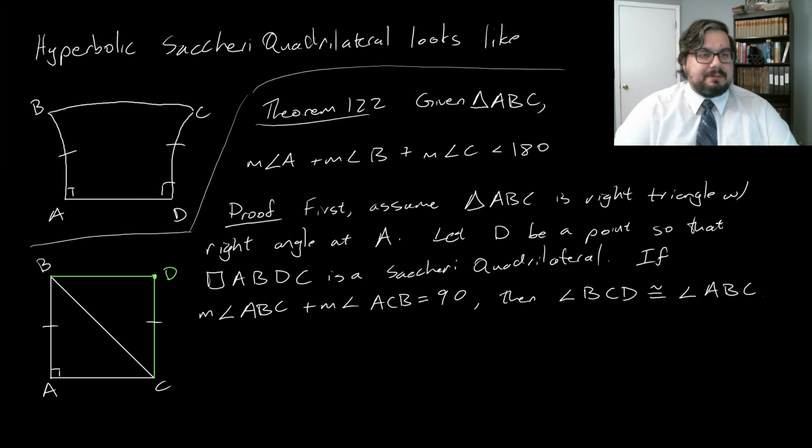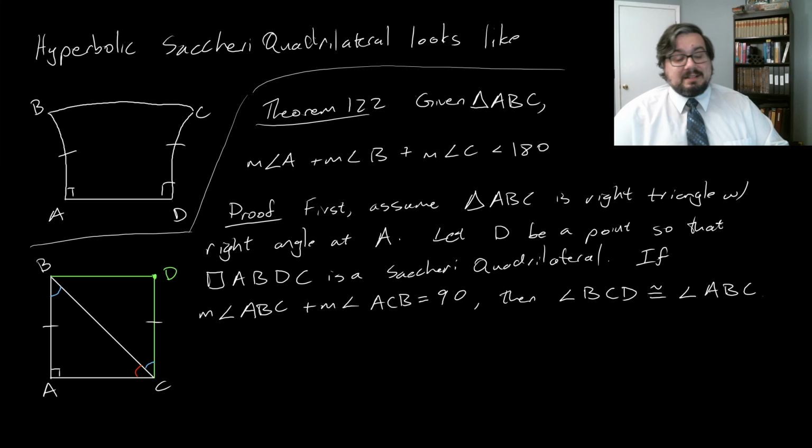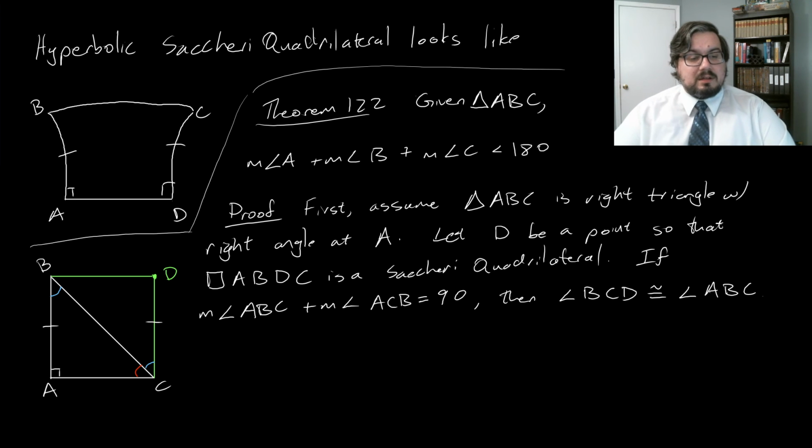So if the red and the blue angles did in fact add up to 90, then because the other angle down at C also adds up with the red to give you 90, these two angles would have to be congruent. The two blue angles would have to be congruent.